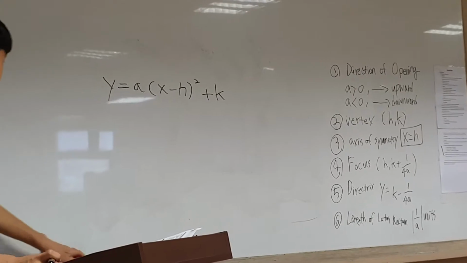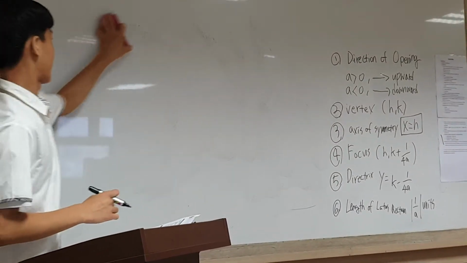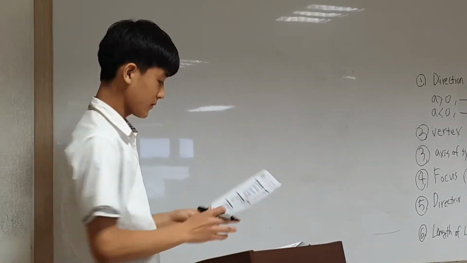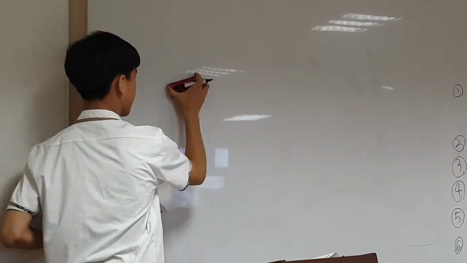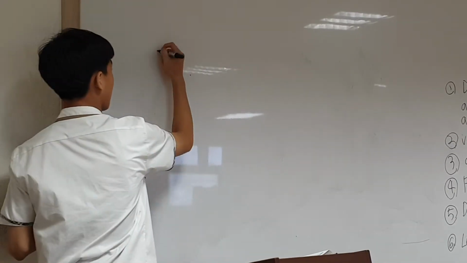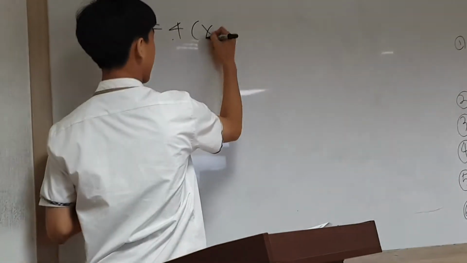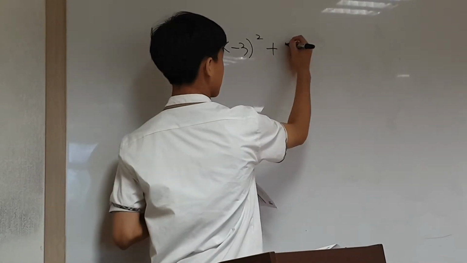So I brought an example. Let's take the example and look at it. Let's suppose that there's a parabola y is 4 times (x minus 3) squared plus 5.